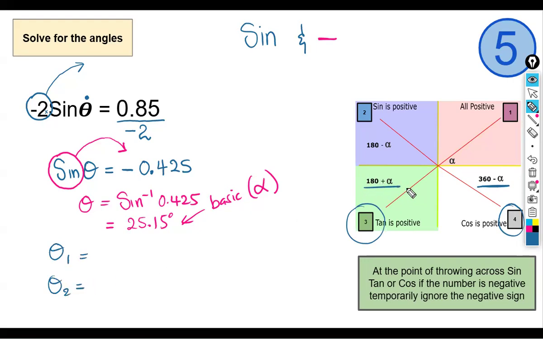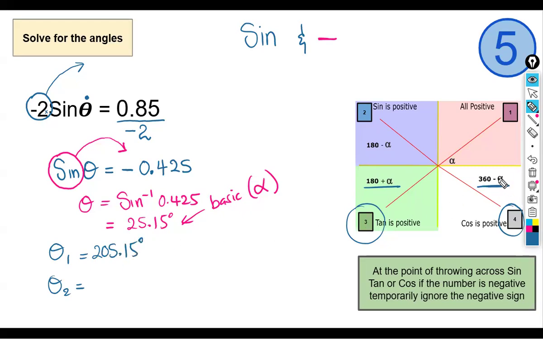180 plus the 25.15. 180 plus 25.15 is 2... Kemi, something went wrong there. You used the wrong quadrant. Sine is negative in the third and fourth. Your first answer is 205.15 degrees.